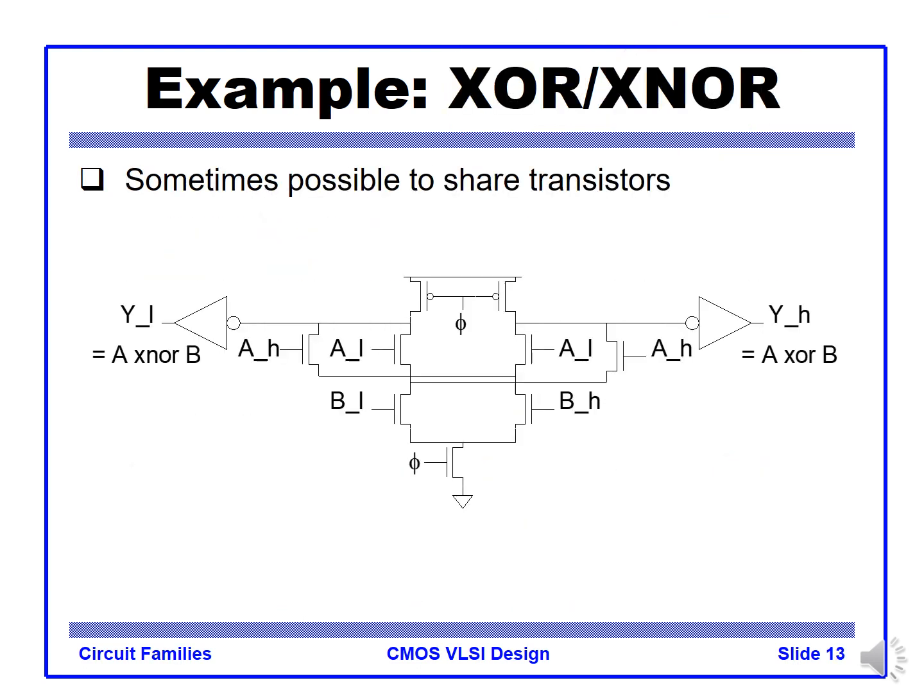This is the example of XOR and XNOR. Since the domino only has the pull down network, we have to write down the equation for the function bar, right?